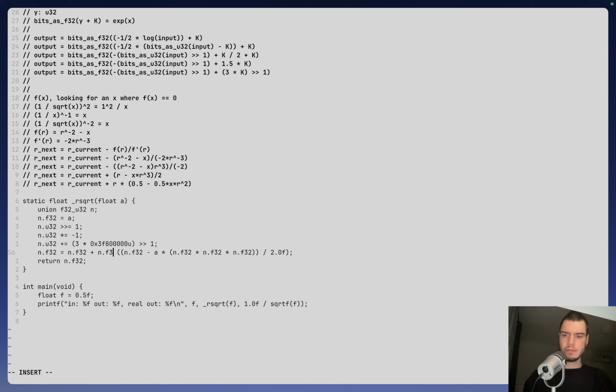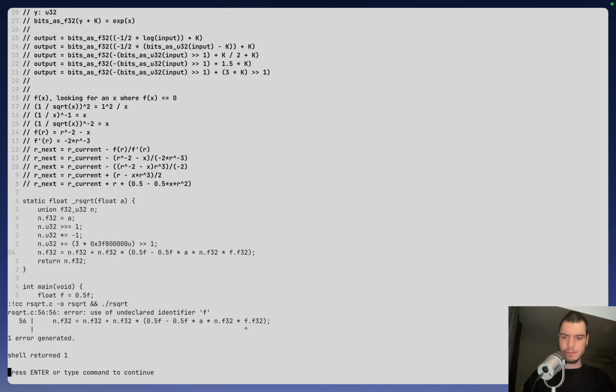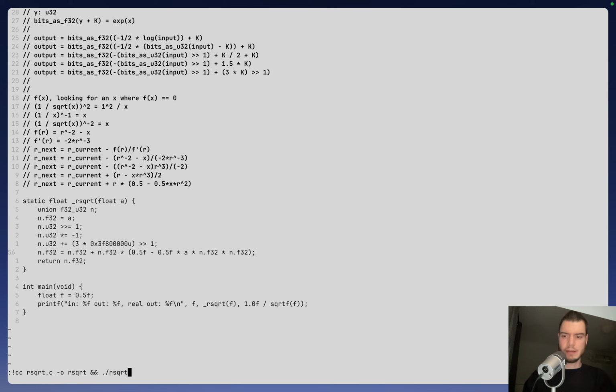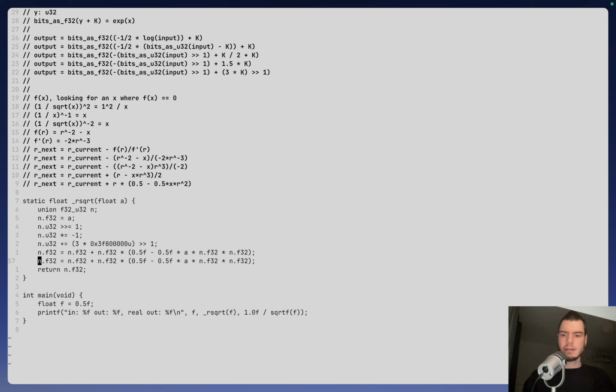Okay, so we have our F32 part again, times 0.5 minus 0.5 times our original value times r squared. And let's see if this even works. This should be n. And it does seem to still work.